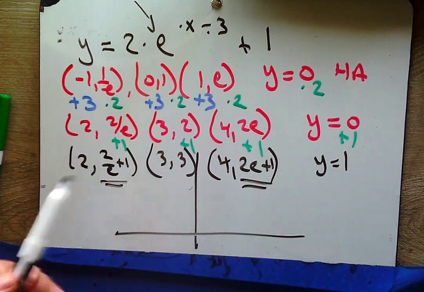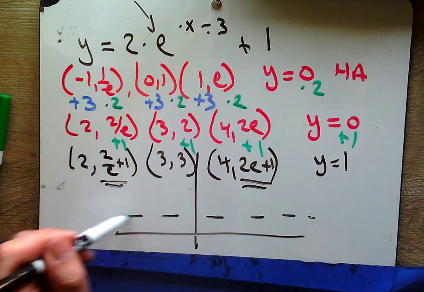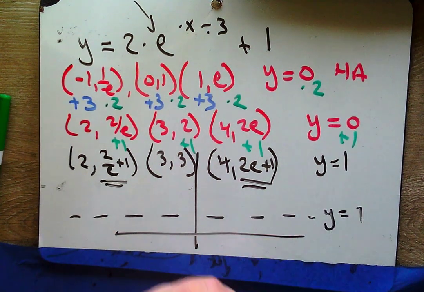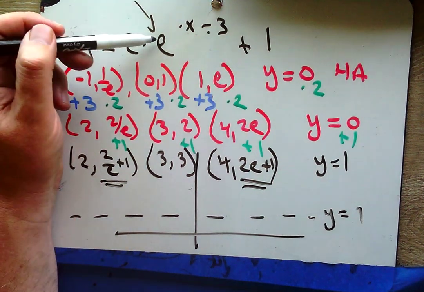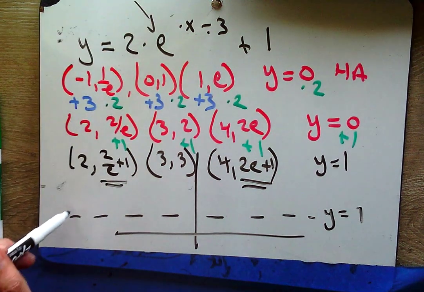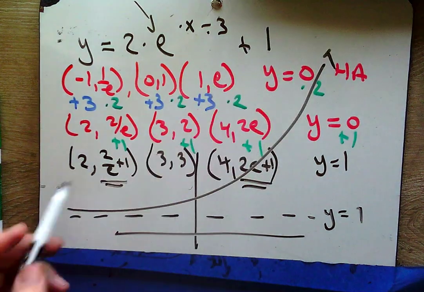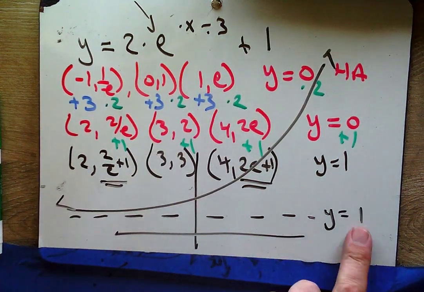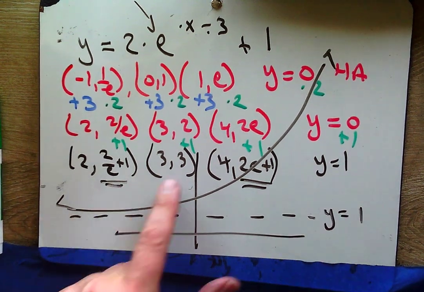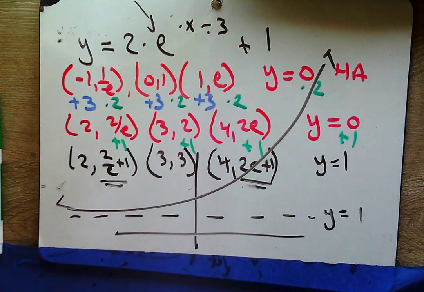Well, here's what I know. I know I have a horizontal asymptote at y equals 1. Furthermore, I know that this is exponential growth. Now, all the y values are above this line.